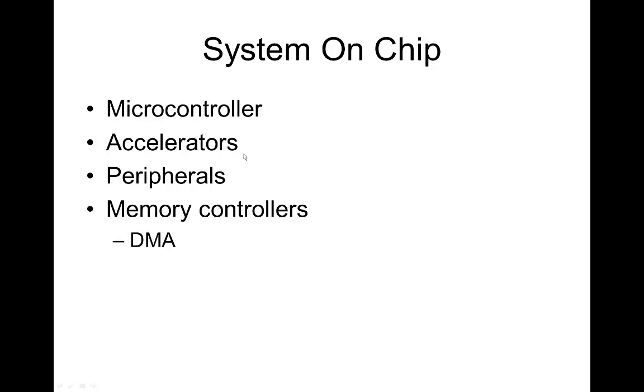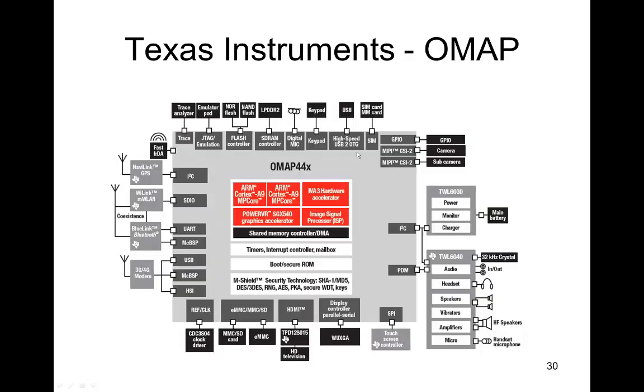So let's say you're Apple and you have a lot of money, you can make a system on chip for your iPod that is basically an ARM core with an accelerator that accelerates MP3 encoding and decoding, because that's what an iPod does a lot of. And if you do that in some accelerator, you can maybe reduce the power consumption, and it'd be much better for your battery life. And then other things like memory controllers, like direct memory access.